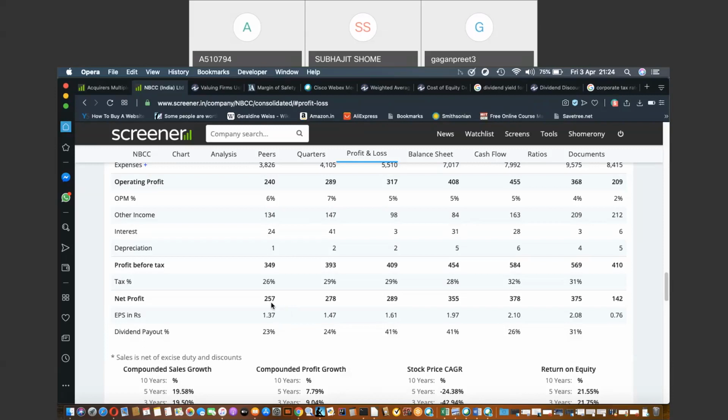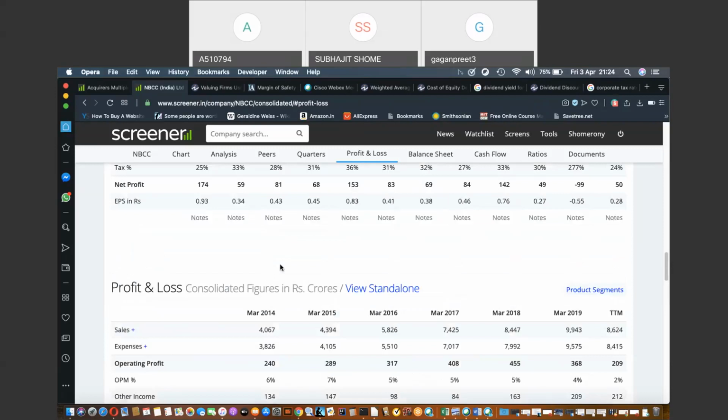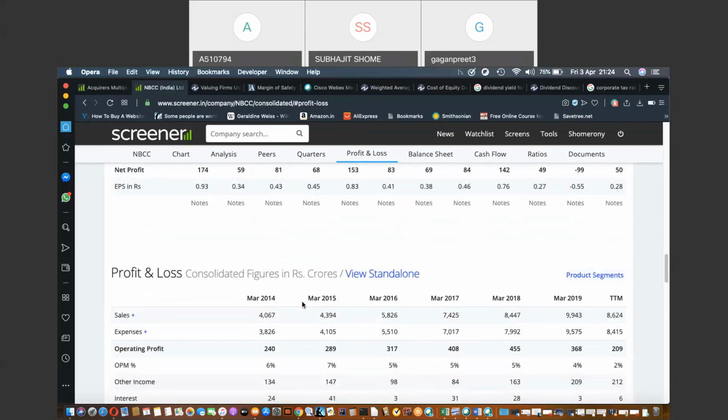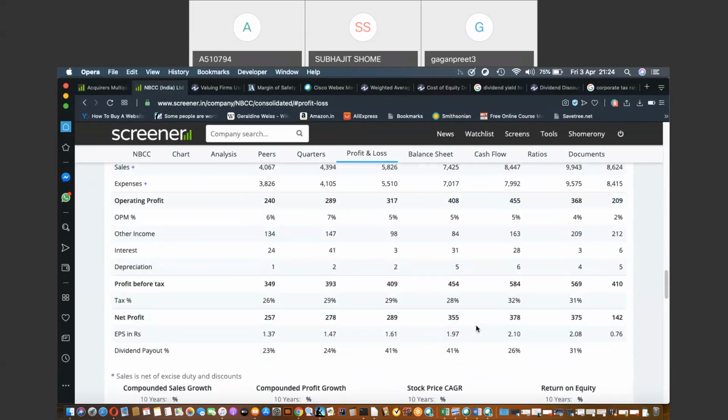Profit before tax is 349, and we need to add the interest also. I have to see the correct year, 2018. So it would be 584 plus 28.